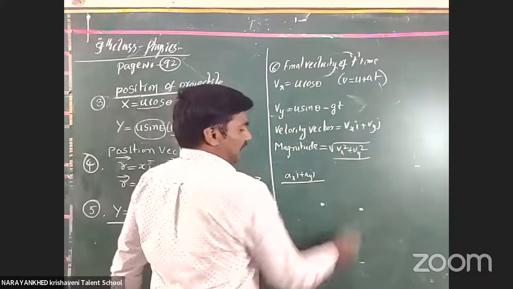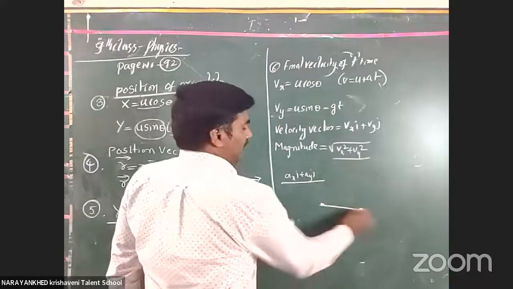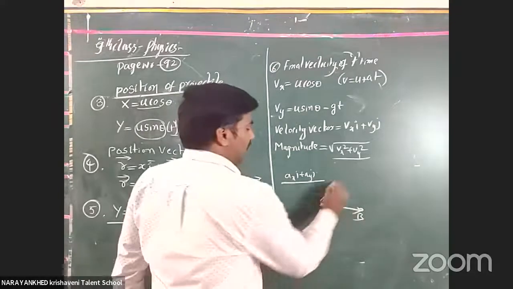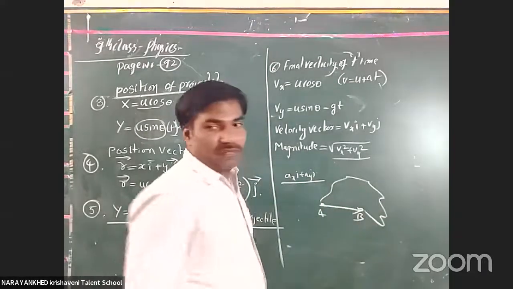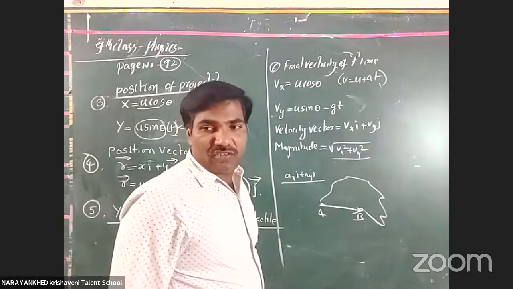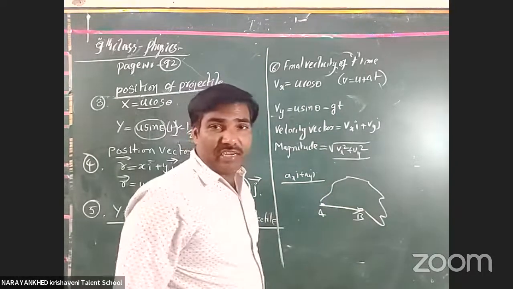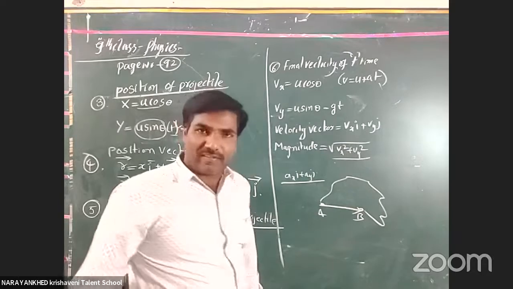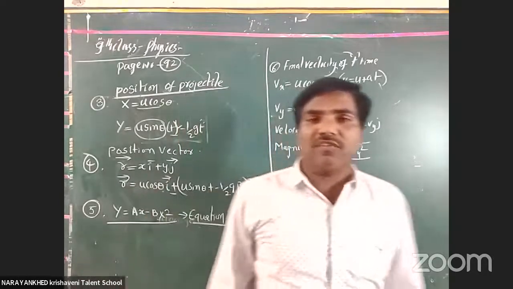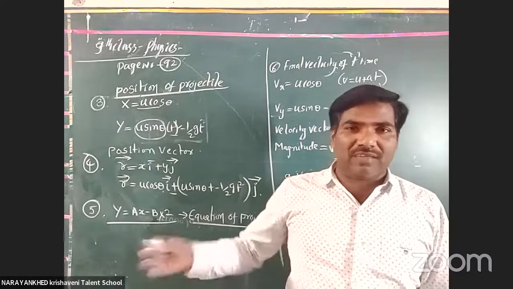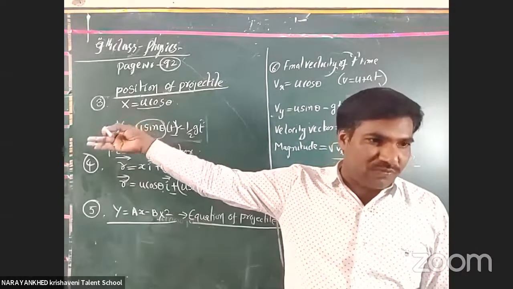Suppose there are points A and B. This straight line is called displacement. This path is called distance. There is no need for any direction for the distance. Suppose the mass is there. The mass is called a scalar, not a vector. Why? Because we can't say the mass is this much on the north side and this much on the south side.